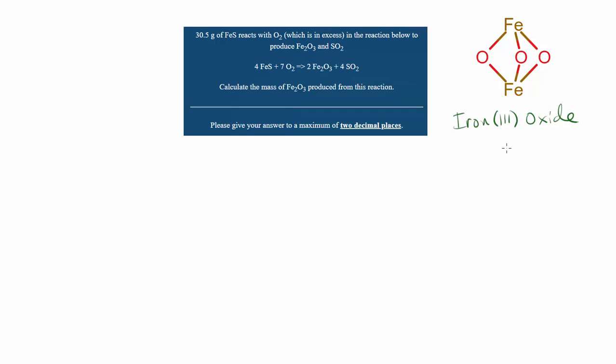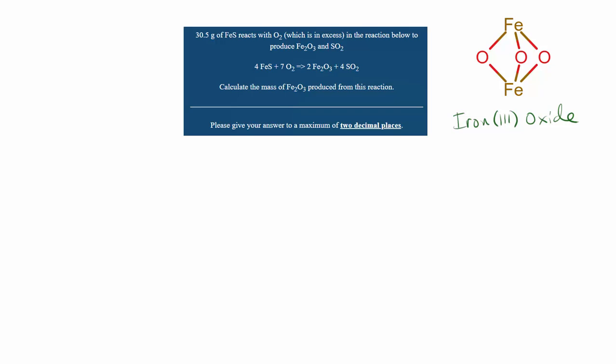And on that basis, when we're looking at the iron oxide, we can use the mass of iron sulfide to go through step by step, leveraging the balanced equation, to work out the mass of iron oxide produced from this reaction. So let's go through the steps, shall we?